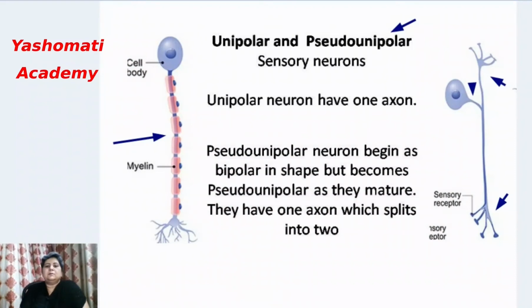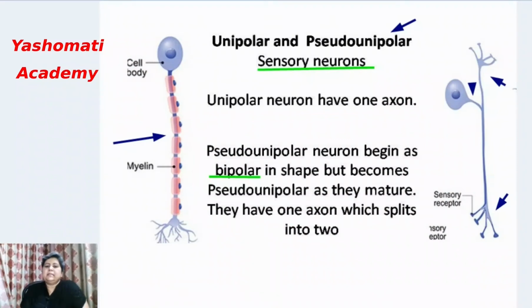Pseudo-unipolar neurons, like unipolar neurons, are sensory neurons. These neurons originate as bipolar. Bipolar means having one nerve ending and one dendrite, but as they mature, they start looking like a unipolar neuron.